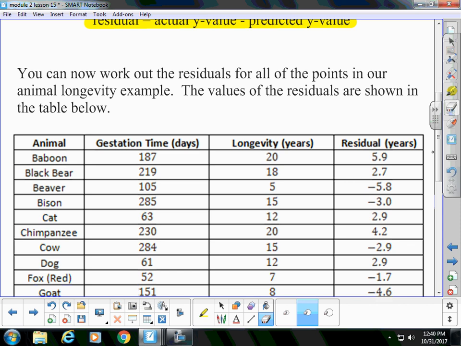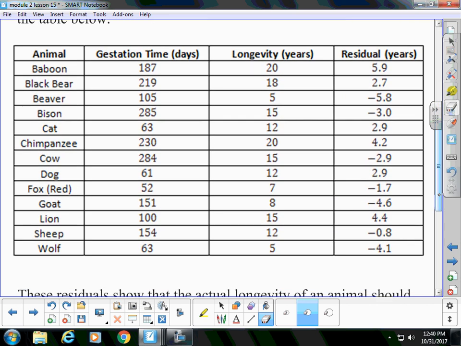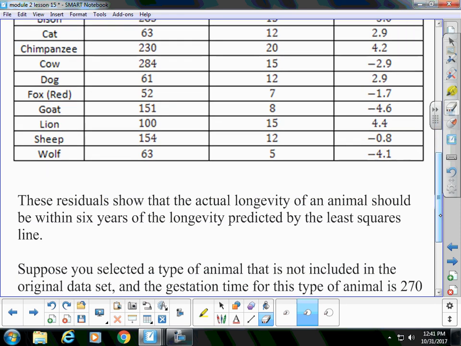Okay, so here is the table, completely worked out, showing us the residuals for all of the animals. So you can see which ones have positives and which ones have negatives. The residuals show the actual longevity of an animal should be within 6 years of the longevity predicted by the least squares line.